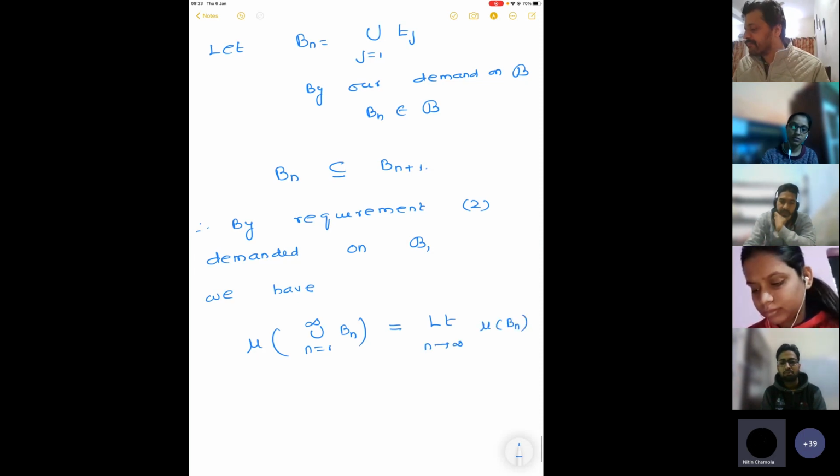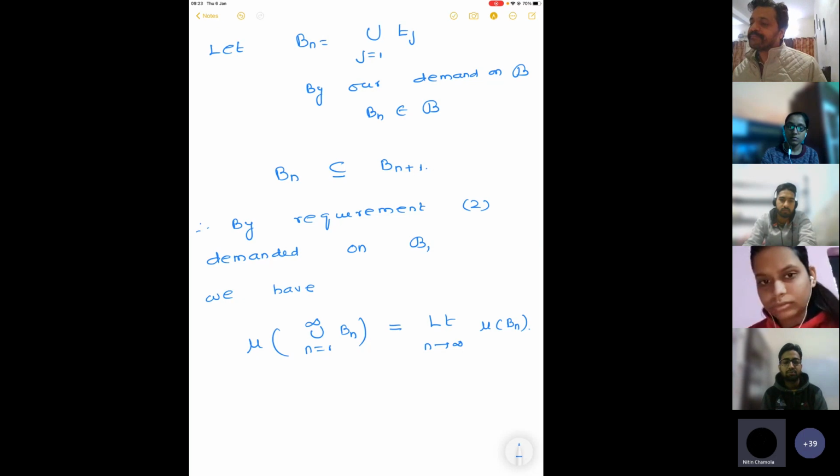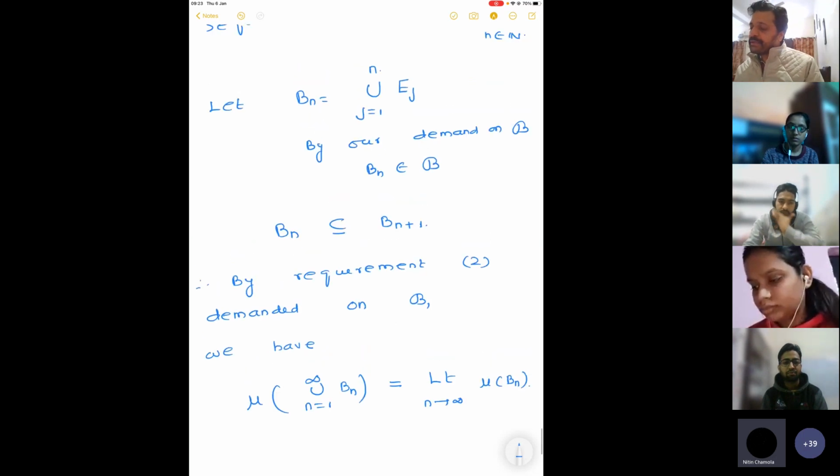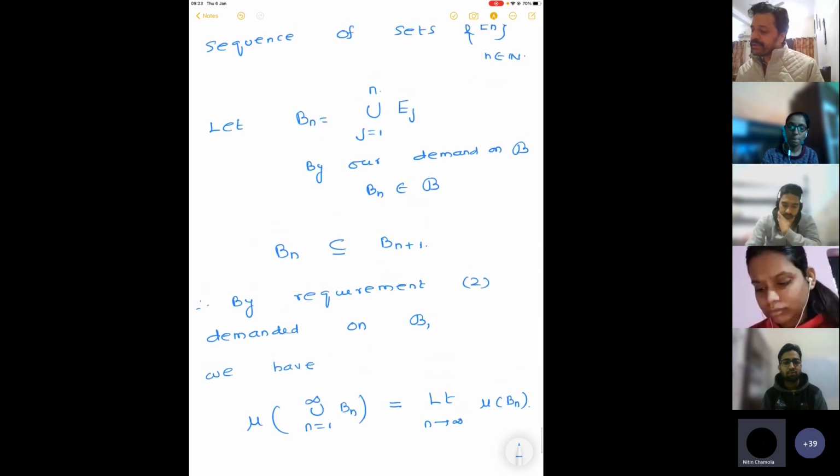This we have because the Bn's are a chain, the method of exhaustion. Now, do you see that the union of all Bn will be the same as the union of all En?